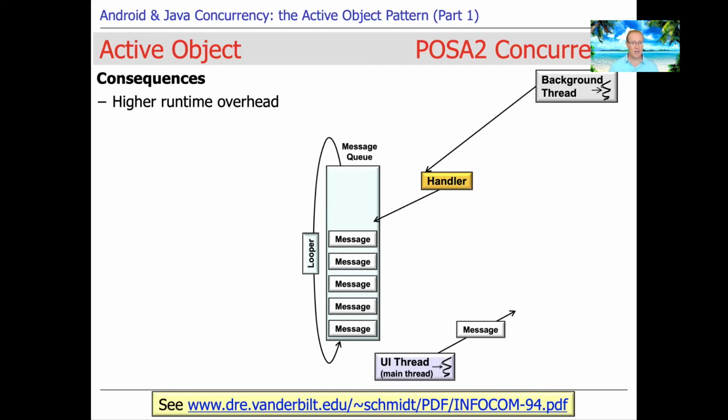There will likely be context switching overhead. There will likely be data movement and memory management overhead. And you just have to make sure that the operations you're running in parallel or concurrently in a pool of threads, for example, in the active object implementation, is worth it relative to the overhead of doing context switching and synchronization and memory management and data movement. So you just have to benchmark your code and make sure it's going to actually help give you an improvement.